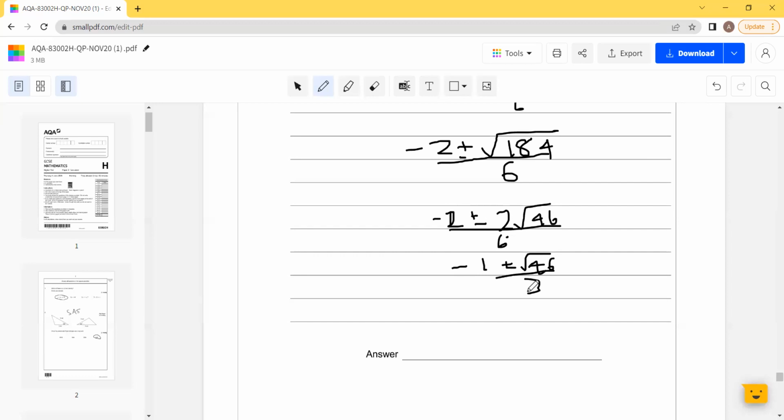So minus 1 plus the square root of 46 over 3 is 1.93, and the other answer is minus 1 minus the other number. So I should get an answer of 1.93 and an answer of minus 2.59.